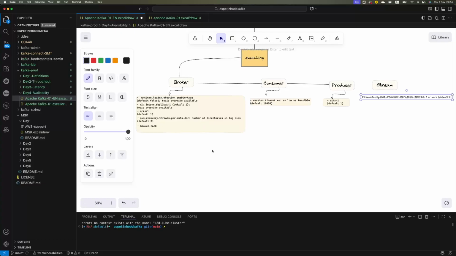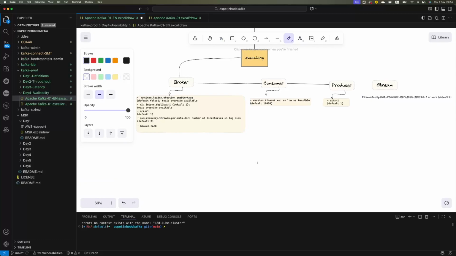If you want your Kafka brokers to continue to work well, we need to take care of, for example, unclean.leader.election.enable. It is a configuration that you can do from the broker side.